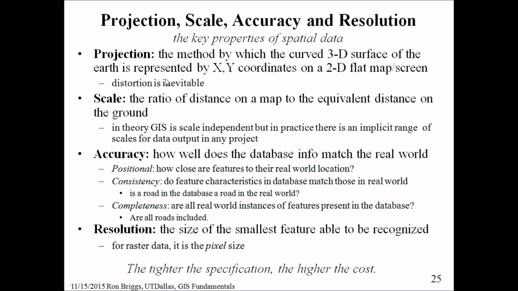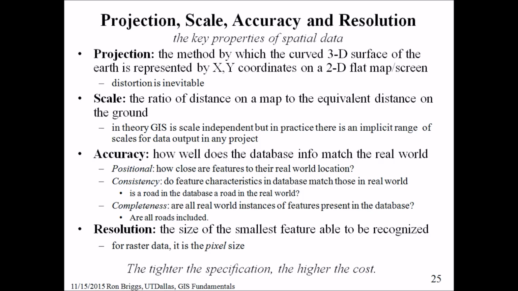So distortion is inevitable. There are various projections which preserve shape, distance, or area, but that is a separate topic. Now the scale is the ratio of distance on a map to the equivalent distance on the ground. Because the map is small and the area is very large, you need a scale so that a user can convert it.